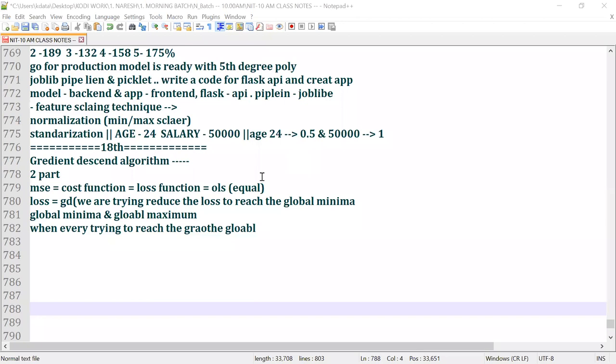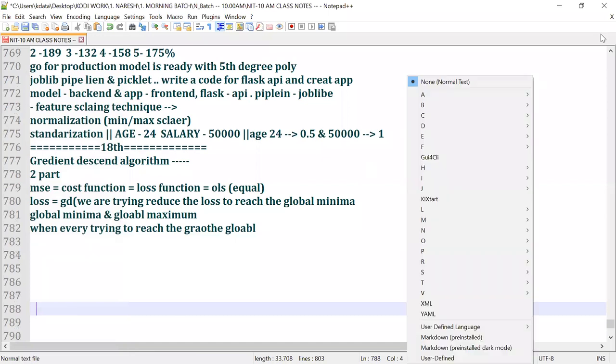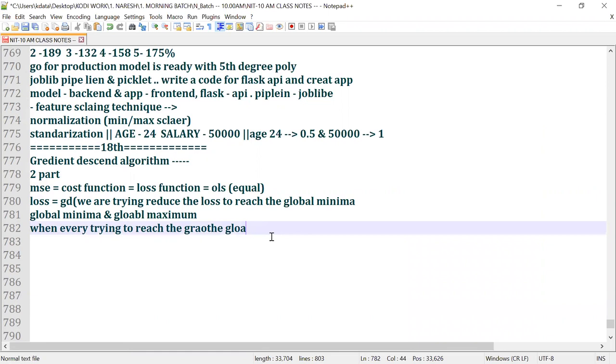Just one moment, guys. Let me write down whenever trying to reach the global minima.